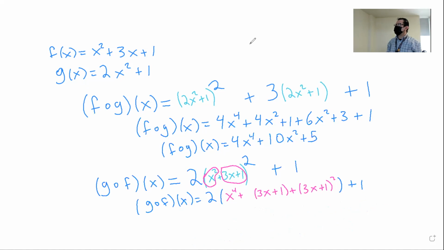So here it's going to be x squared, x to the fourth, then it's going to be 2 times x squared times 3x plus 1. So this is going to be 2 times x squared, and the 3x plus 1 elevated to the power of 2. So now let's expand this.